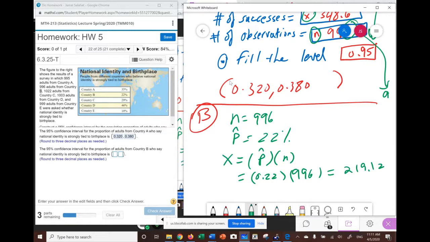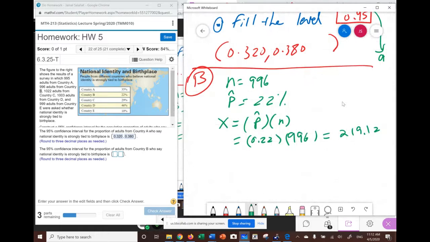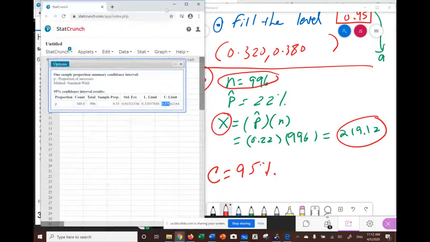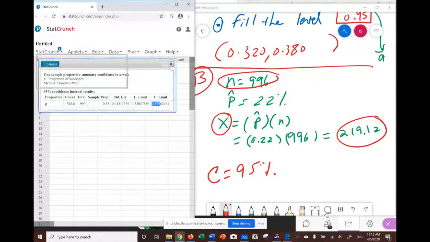Okay, so if we continue here, don't forget that we have N, which is the number of observations. We have X, which is the number of successes, and we have the C, which is 95%. So if I try to work this problem with StatCrunch, again, let's start.